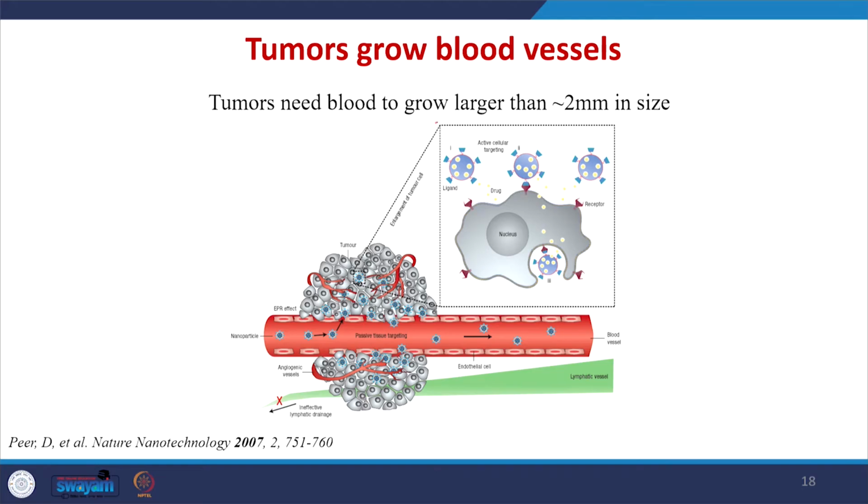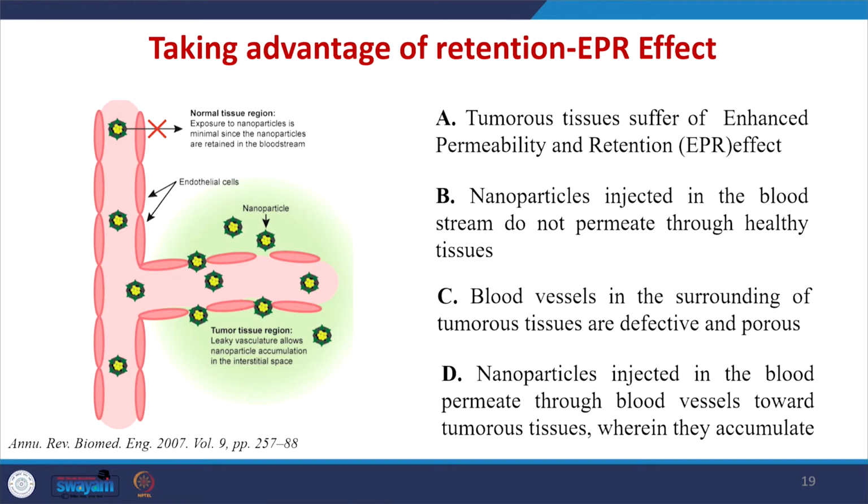Let us see what is EPR effect. Tumors need blood to grow larger than 2 mm in size. What happens is these tumorous tissues suffer of enhanced permeability and retention effect, that is called EPR effect, and these nanoparticles injected in the bloodstream do not permeate through the healthy tissues and will be trapped in the tumor region.